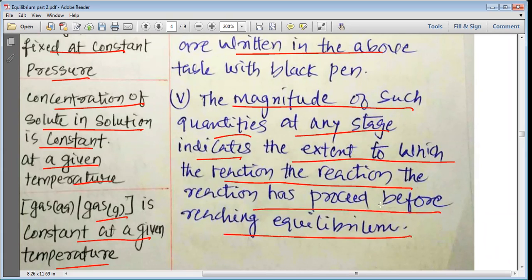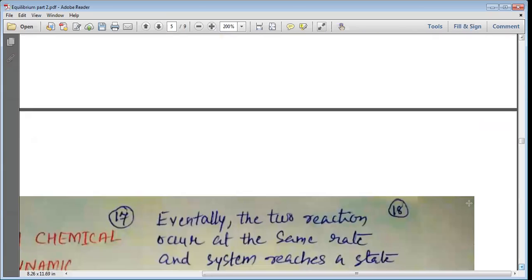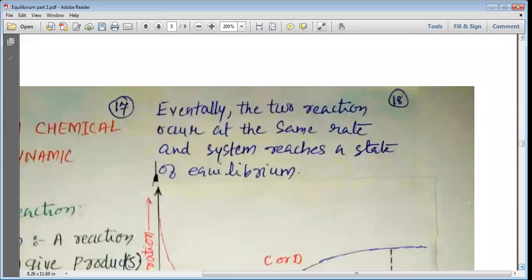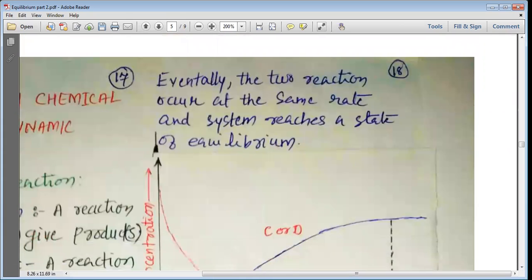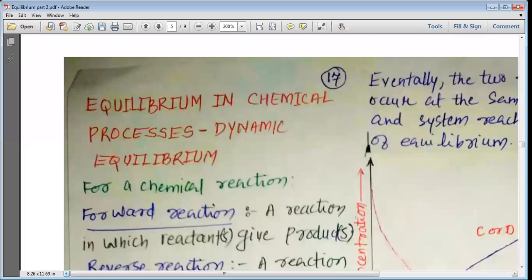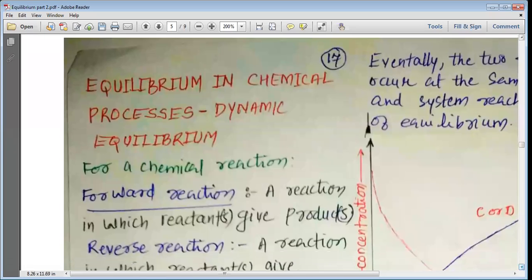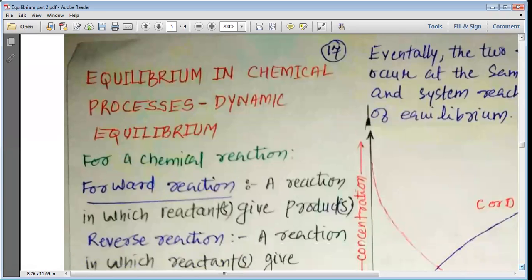So if you measure these quantities initially and at equilibrium, you can have an idea of the extent to which a particular reaction has proceeded, whether the reaction goes to completion, or goes half way, or does not take place at all, or takes place only in a very small quantity. So by knowing the constant terms, my dear students, we can have an idea about the extent of the reactions.